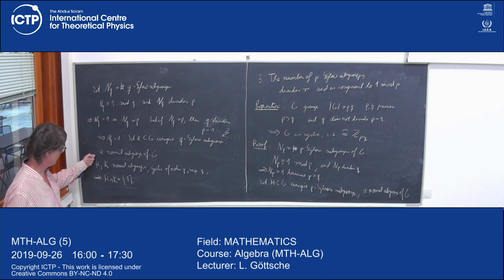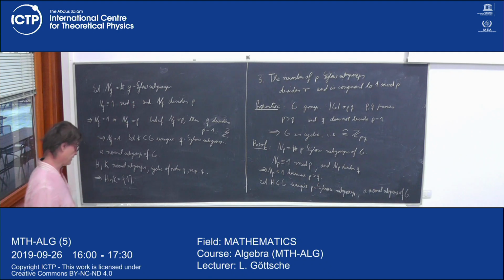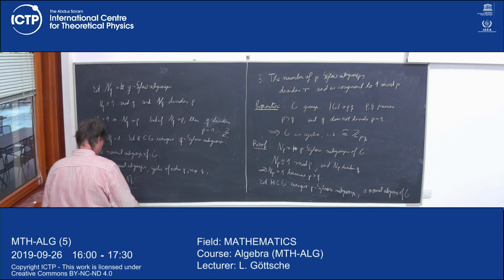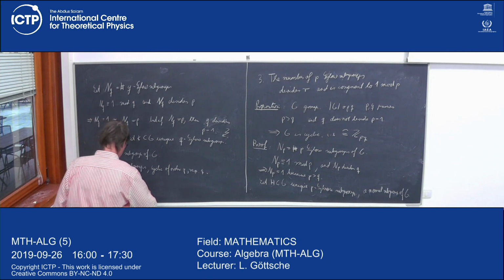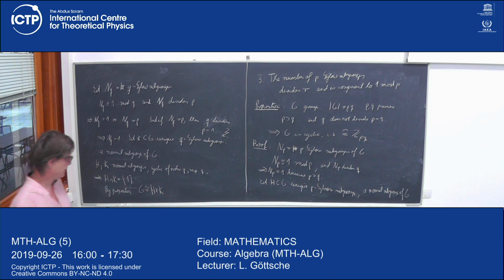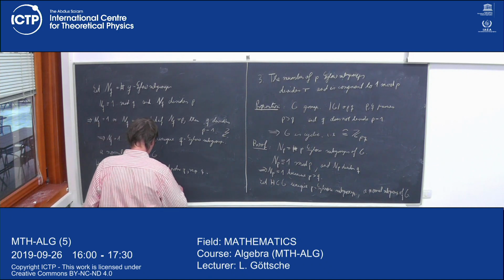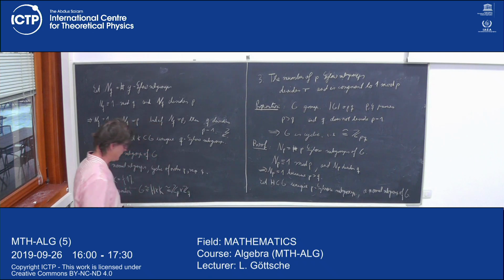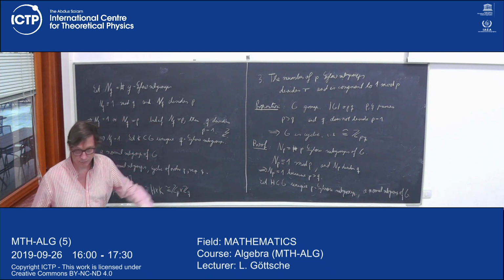On the other hand, obviously we have that the number of elements of H times the number of elements of K is P times Q. So by our proposition, we have that G is isomorphic to the product of H and K, which is isomorphic to Z_P times Z_Q, and we had seen that this is isomorphic to Z_PQ.